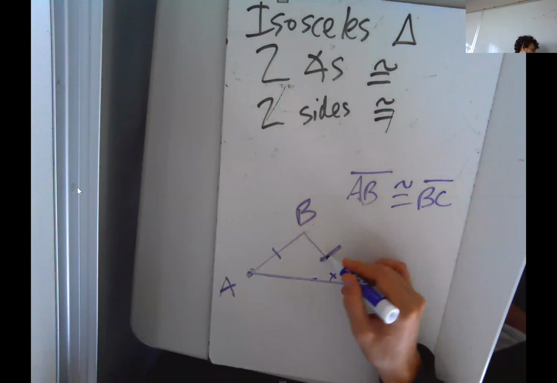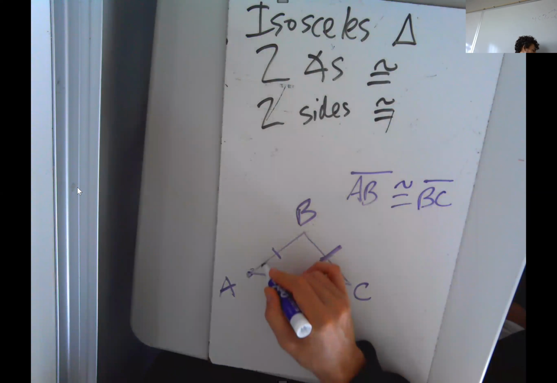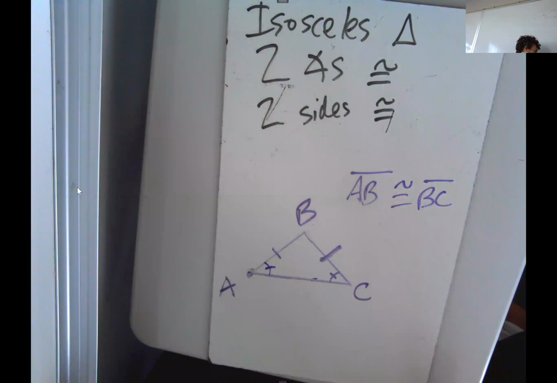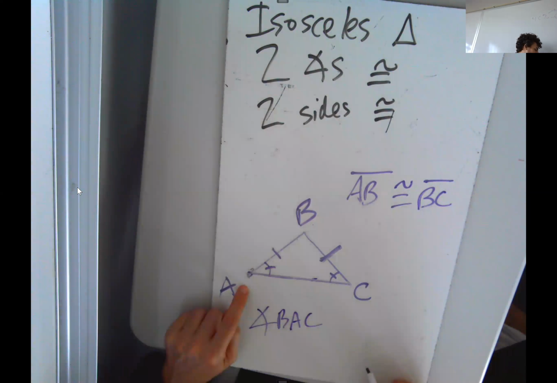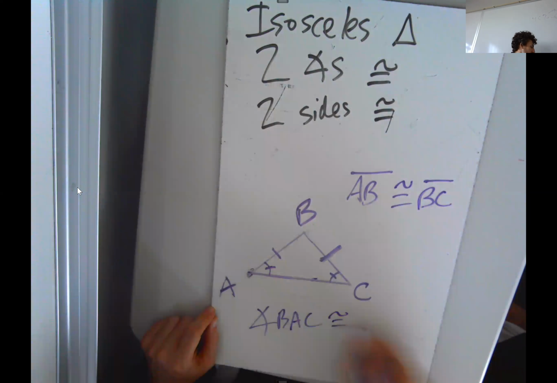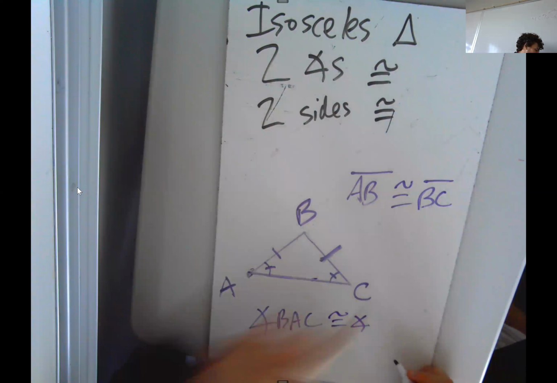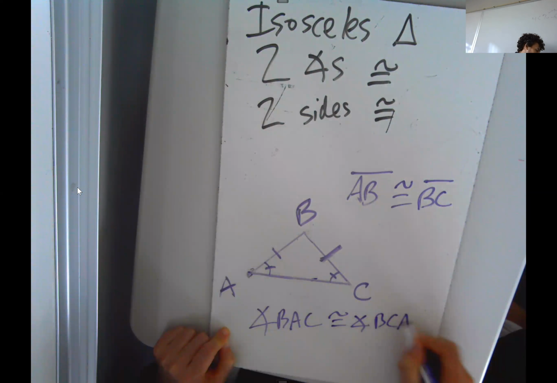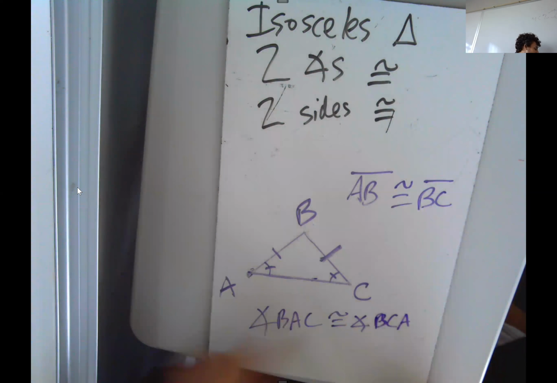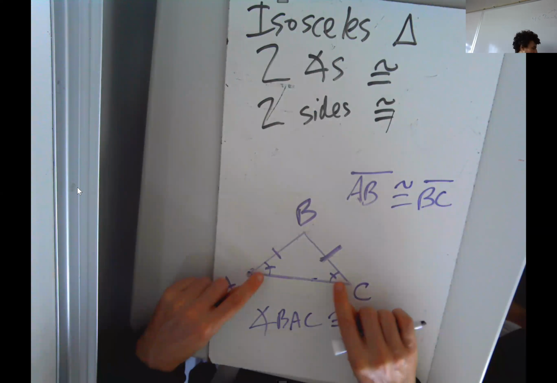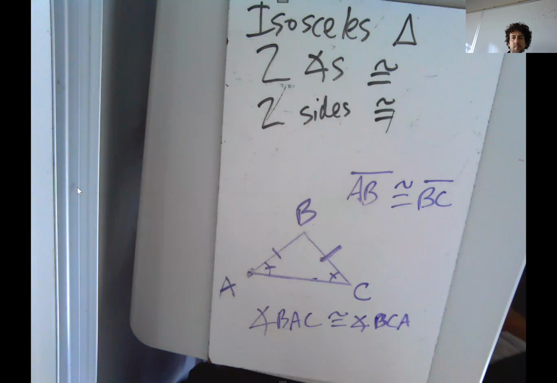And from this side across to the angle opposite. So that would mean that angle BAC right here is congruent to angle BCA. And that's the reason that you've marked these angles in the same way, to show that you know that they're congruent.